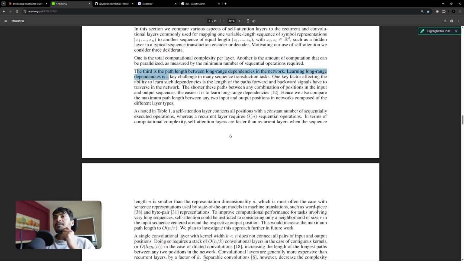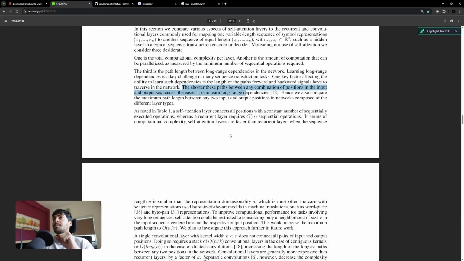And the third being the path length between long range dependencies in the network. Learning long range dependencies is a key challenge in many sequence transduction tasks. One key factor affecting the ability to learn such dependencies is the length of the paths forward and backward signals have to traverse in the network.